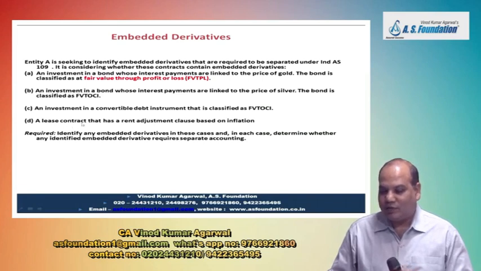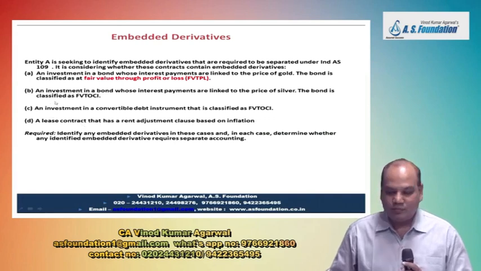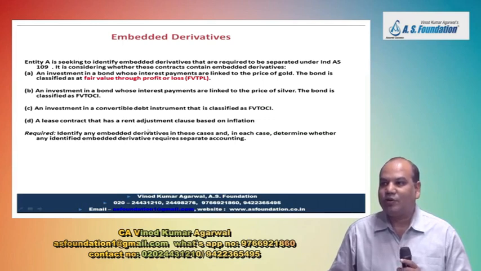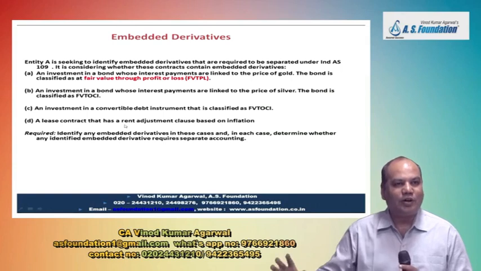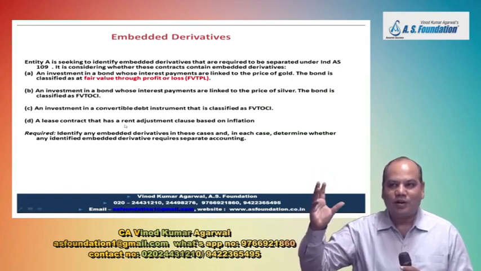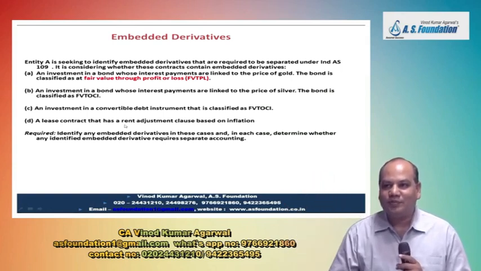Lease rentals are affected by inflation or not? So are they closely related, lease contract and the rent adjustment clause? They are closely related because the rentals are determined on the basis of inflation only. And the rent adjustment clause is also affected by inflation only.